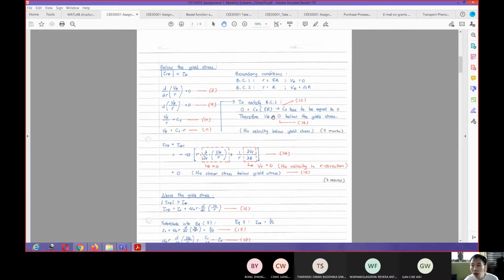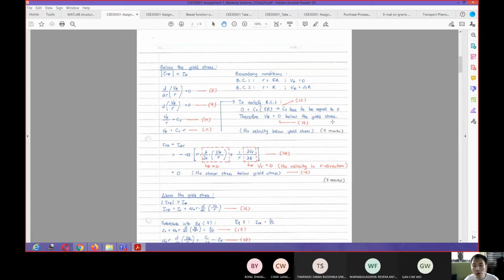When you put in the BC1, it becomes clear that the velocity in the angular direction will not be 0 at ER, unless your C2 equal to 0. So in this case, your C2 should be equal to 0. Only in such a case will your velocity in the angular directions be 0 below the yield stress.